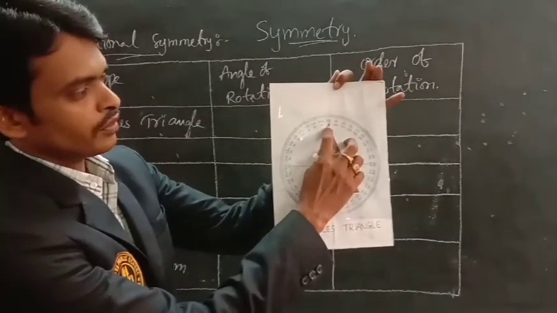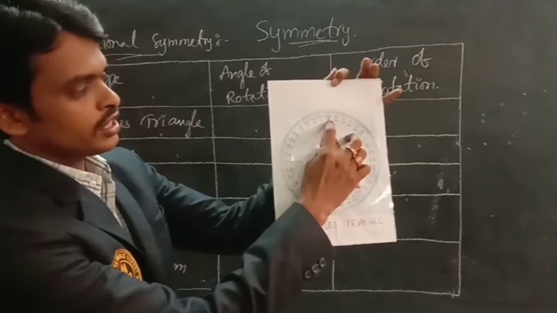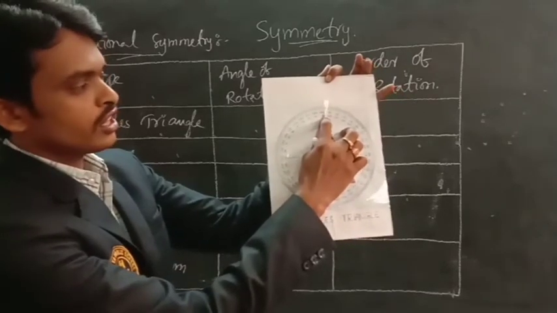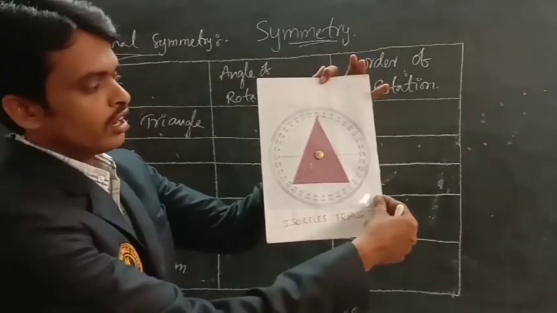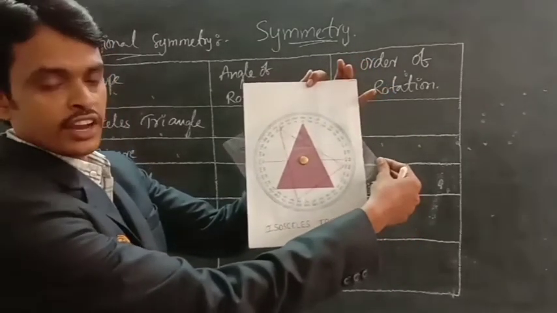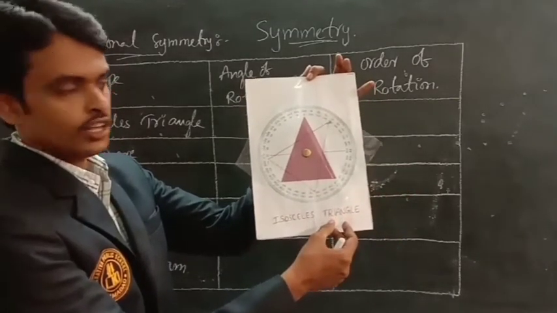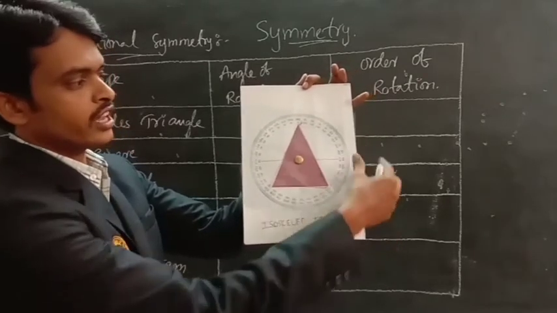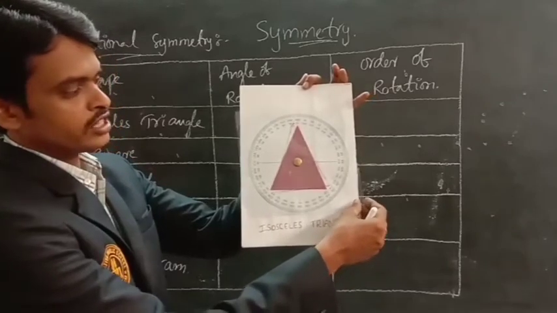Here the starting point is 0 degrees. We can rotate this triangle in both anti-clockwise and clockwise directions. I am rotating this isosceles triangle in the anti-clockwise direction, like this.